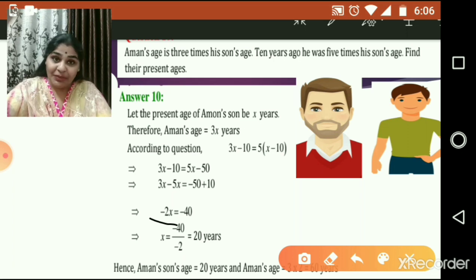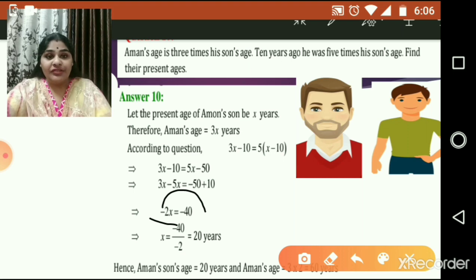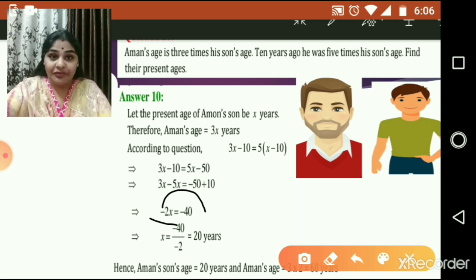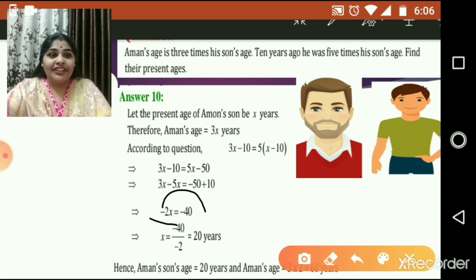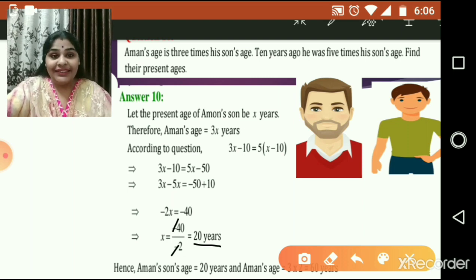It is in multiplication form, that is 2x. When we transport this 2 to the right hand side, it goes in division. So it will be along with the sign, children. This is very important. So x is equal to negative 40 divided by negative 2. So negative negative gets cancelled over here, children, and 40 divided by 2 is equal to 20 years.